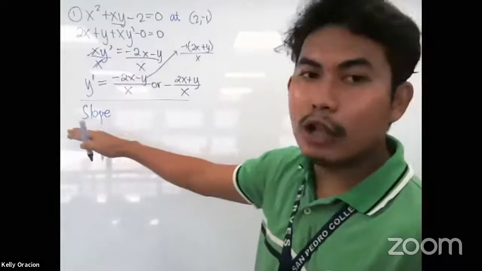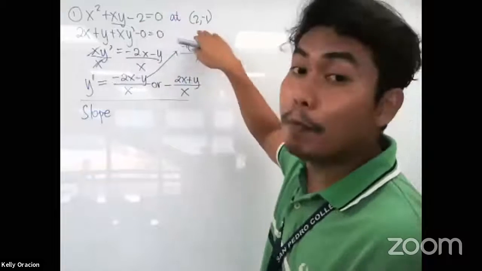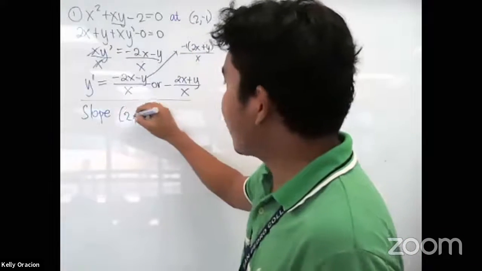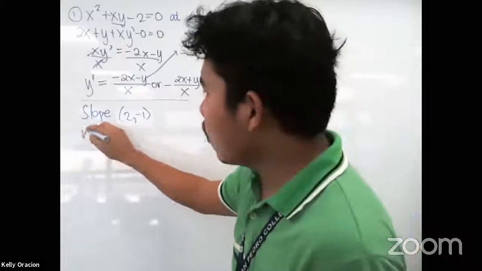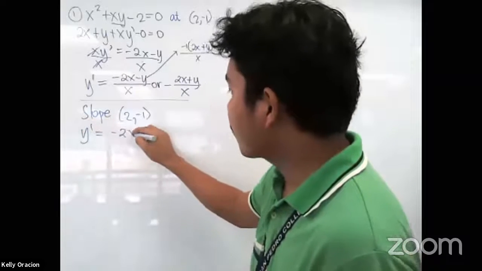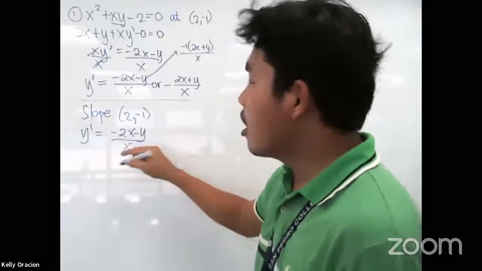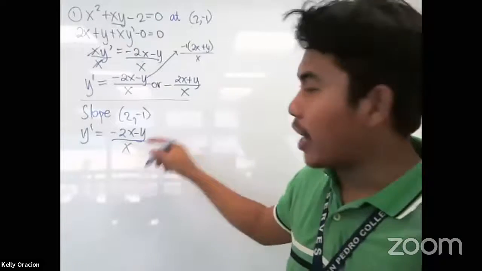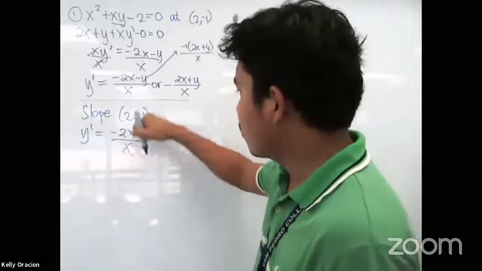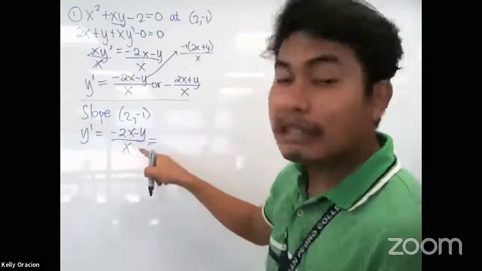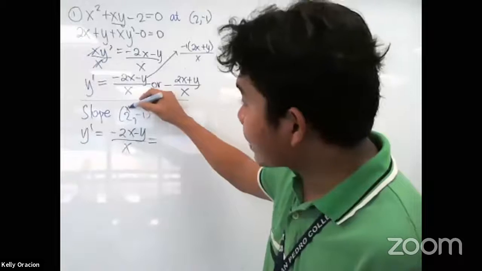Okay, let's find the slope at the given point. The point is (2, negative 1). By using this y prime, substitute the values of your x and y.